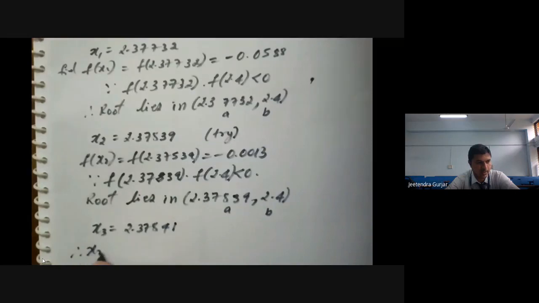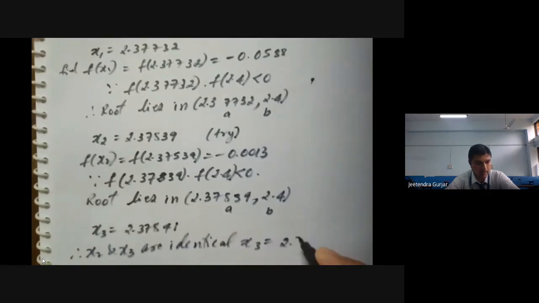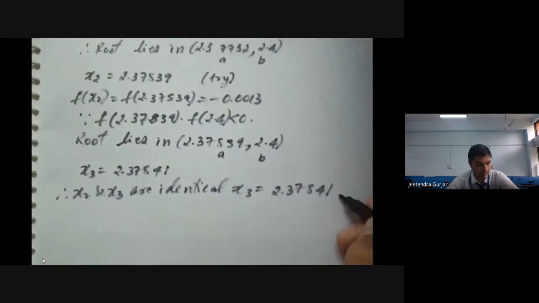Now if we just compare, you can see x2 and x3 are identical till 3 decimal places. Don't get confused. So x3 is equal to 2.37841, root correct to 3 decimal places.